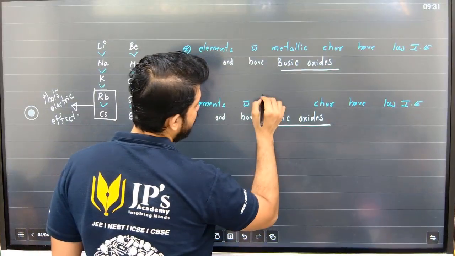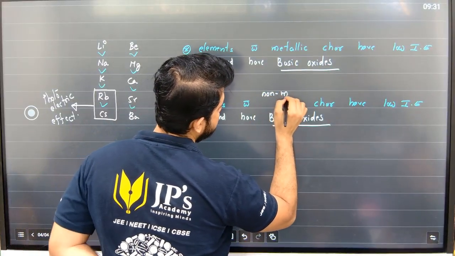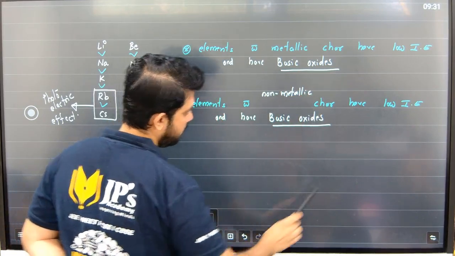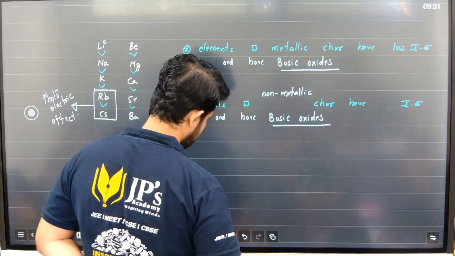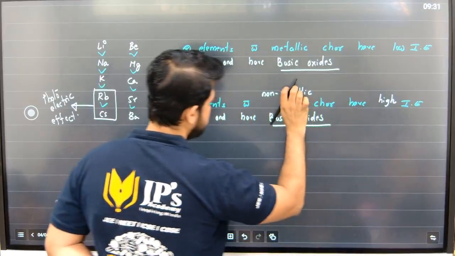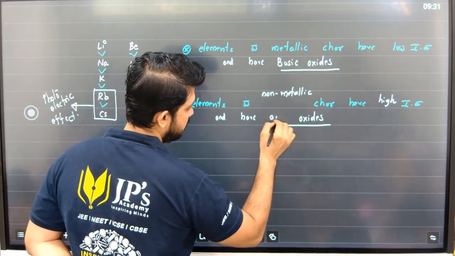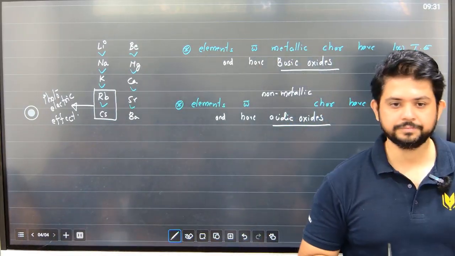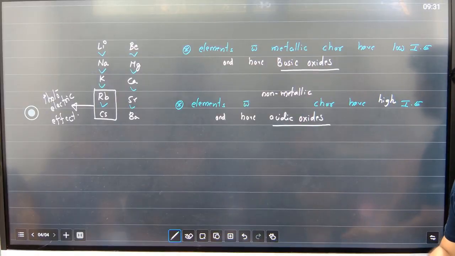So elements with non-metallic character will have high ionization enthalpy and their oxides are acidic in nature. With me till here?